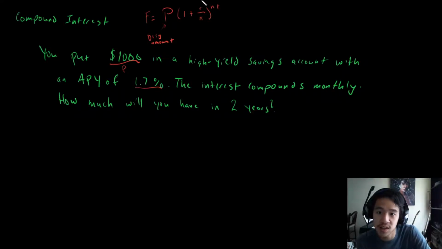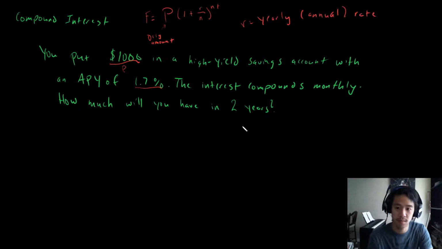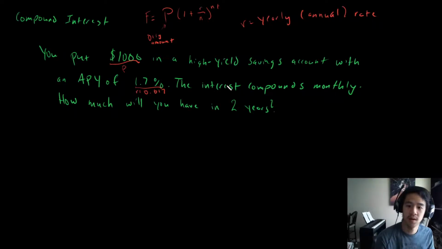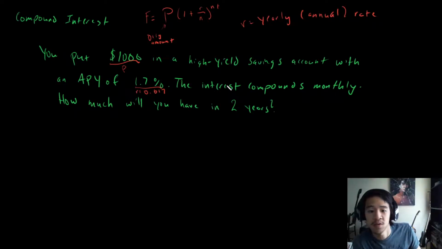All right. This is R. So R is our yearly or annual rate. So R is going to be 0.017.